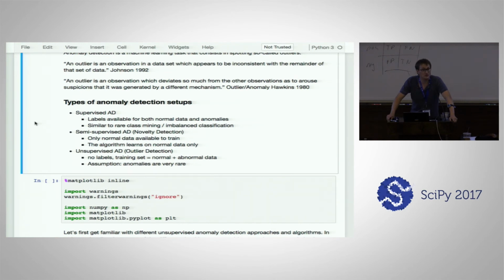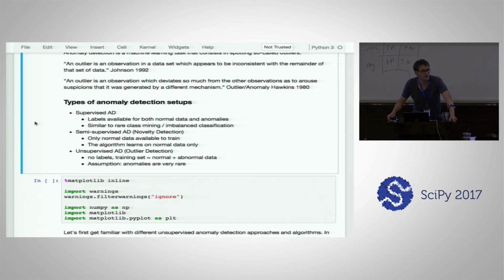The two more interesting setups are the semi-supervised and completely unsupervised AD. When people speak about semi-supervised anomaly detection, it means that they have access to data, and they know that in this data there's no anomaly. It's only clean data. So they have access to an entire distribution of data in which they know there's no issue. In some sense, it's better than nothing, and that's why people call it semi-supervised.